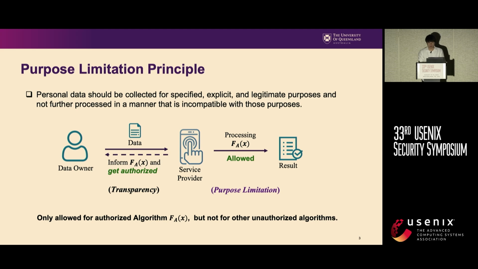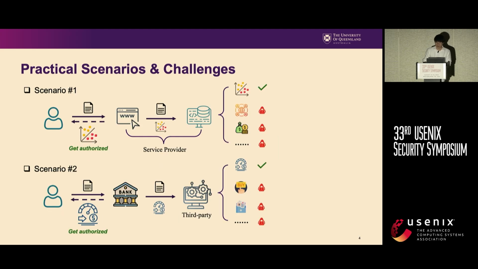Next, I will walk you through some practical scenarios and the challenges that arise when enforcing the purpose limitation principle in real-world scenarios. There are two scenarios. In the first one, we have two participants, the user and the service provider. The service provider is made up of two parts in this example, the auditable web interface and the computing backend.